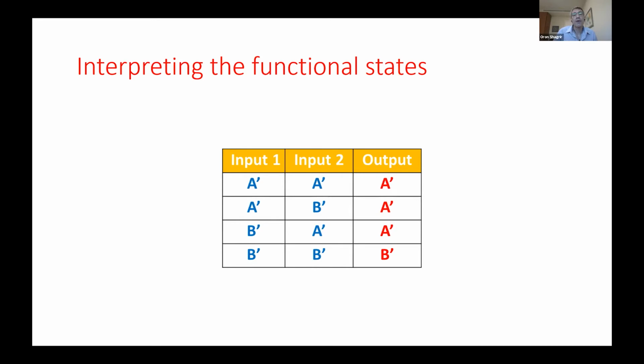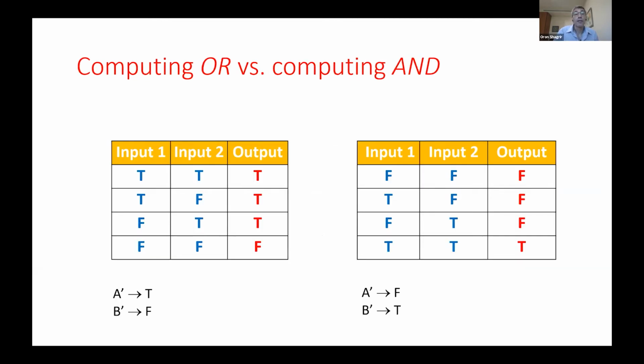So for instance, let's take one of the tables that I showed before. And now we can assign some mathematical or logical content to the functional states of the system, in this case, A tag and B tag. So here I will give two possibilities. In the one possibility, we assign to A tag the truth value true, and to B tag the truth value false, and then we get this table, which is the OR table.